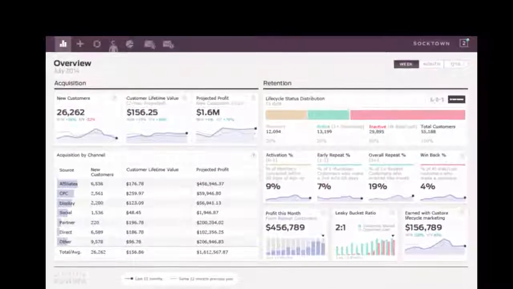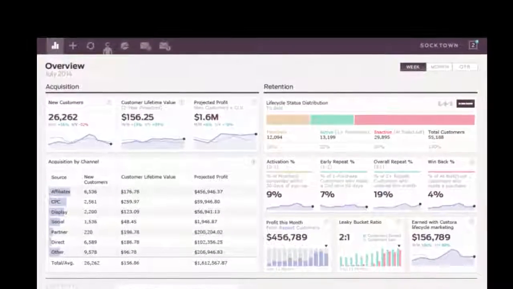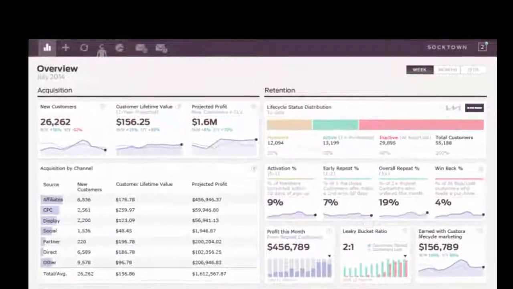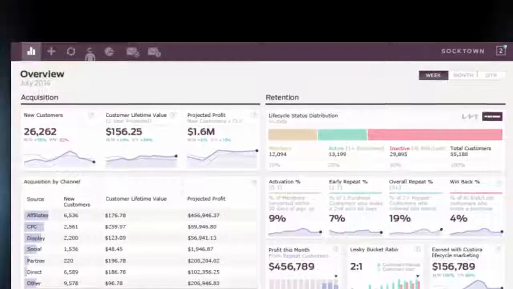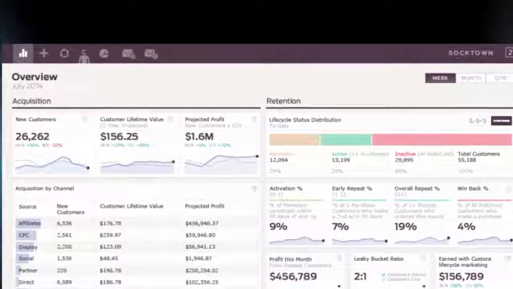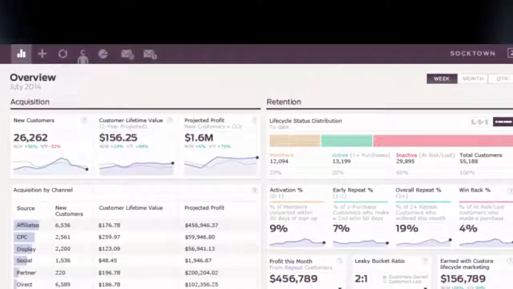So the stages that you're in: acquisition, deepening a relationship, retaining customers. And you need a dashboard of features that look at things like customer lifetime value, profit. Are you activating customers? Are you repeating business with those customers? Do you have customers at risk, and do you have certain customers that you're trying to win back?